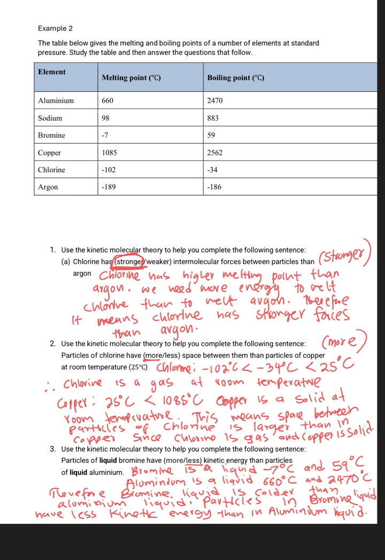And you can see that 660 is way bigger than 59 degrees Celsius. So that is the reason why we say bromine is colder than aluminium when we compare them, right? And this is how we analyze the whole questions.